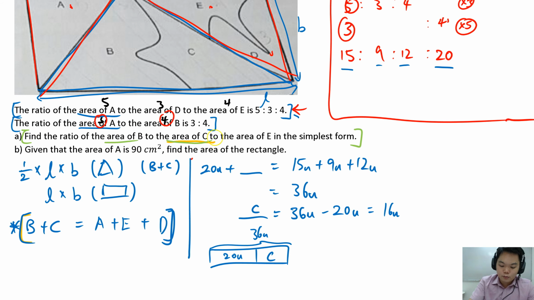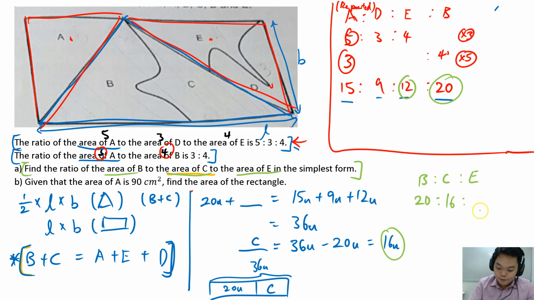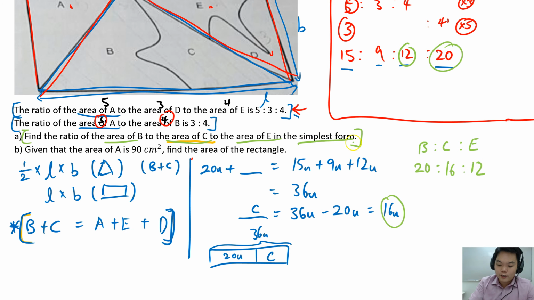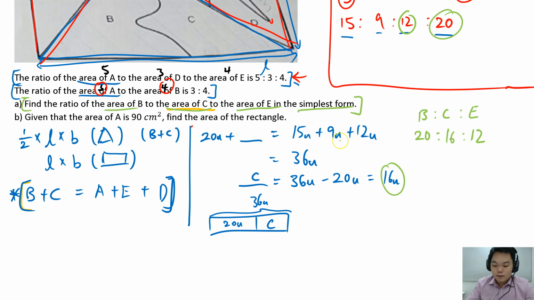the ratio of B to C to E in that particular order would be 20 is to 16 is to E's 12. So we need to simplify it. Let's look for some common factors.